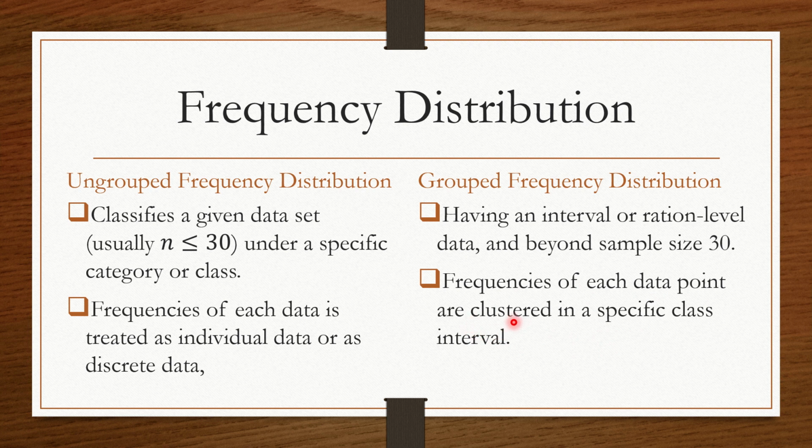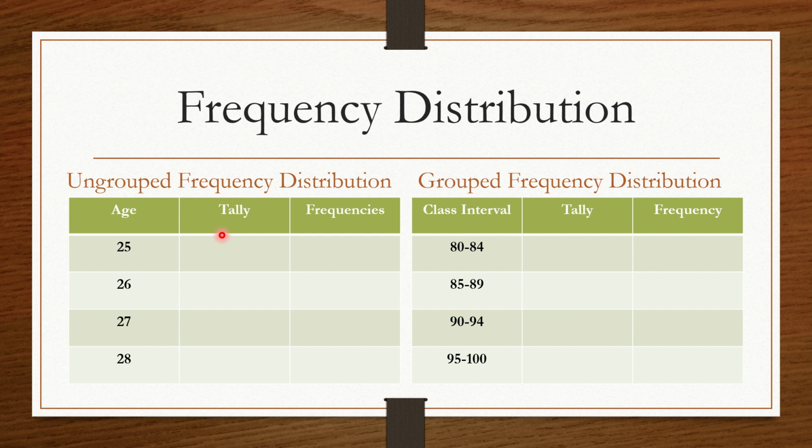So clustered. So when we say clustered po is nakagroup po yung data points po natin. Bakit? Kasi po is yung sample size is malaki na, di ba? So more than 30. Sometimes it is 50 or more pa. Okay?